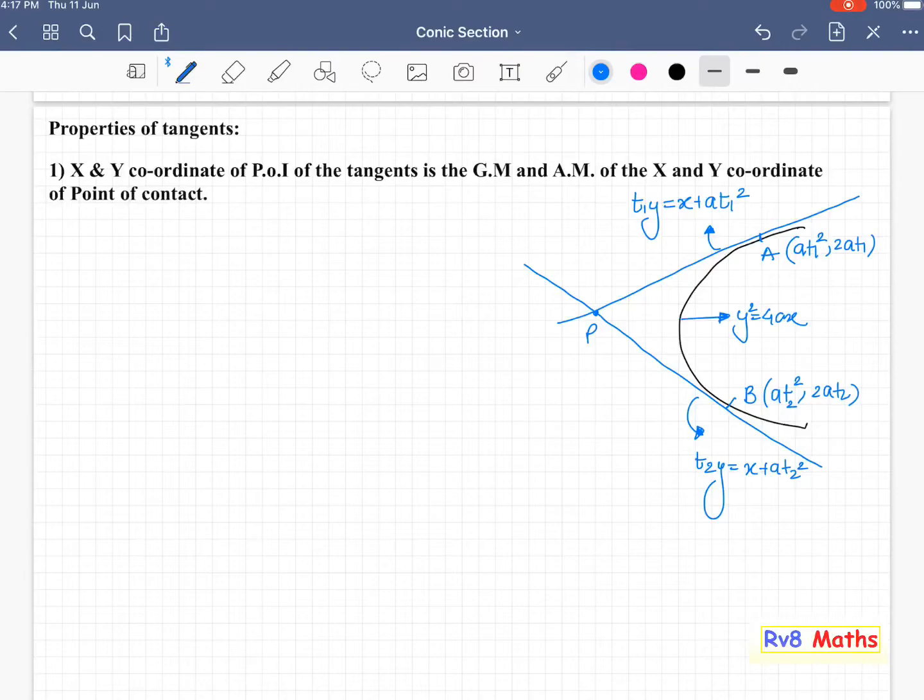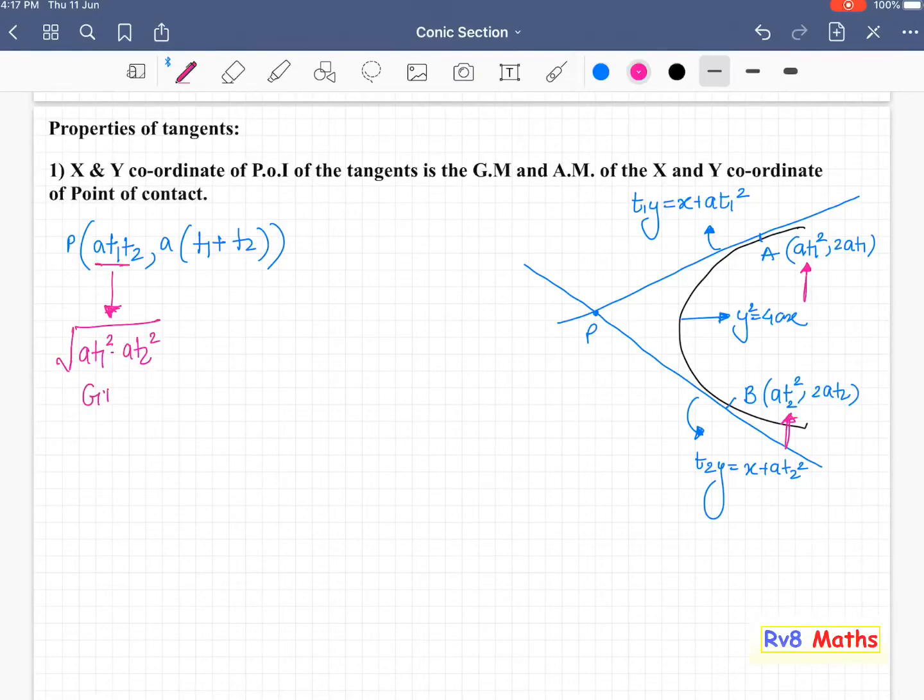Then this point of intersection P, we have derived this in the previous video. It was at1t2 comma a(t1 plus t2), right? So what is the x coordinate? If you notice, the x coordinate is the geometric mean of the x coordinates of the points of contact A and B. If you calculate the geometric mean of the x coordinates of A and B, you will get this point.